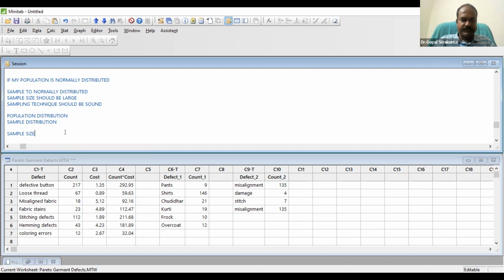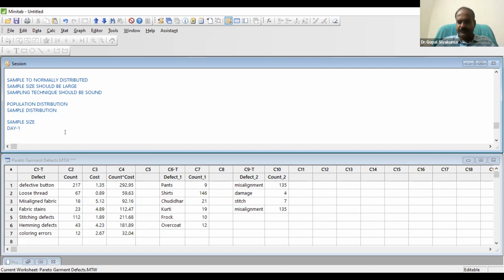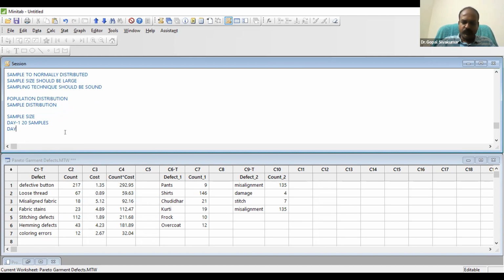Now, regarding sample size, I am going to give you another scenario. Imagine on day 1, you took 20 samples. And on day 2, you take another 20 samples. Most of you in your company will be taking data in this manner.